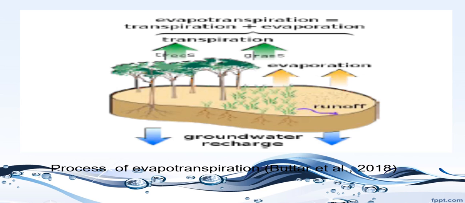So when you combine the transpiration from trees and grass and evaporation from the soil surfaces or any water body around, you have the term called evapotranspiration.